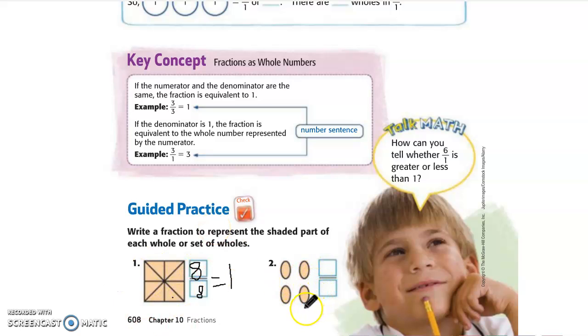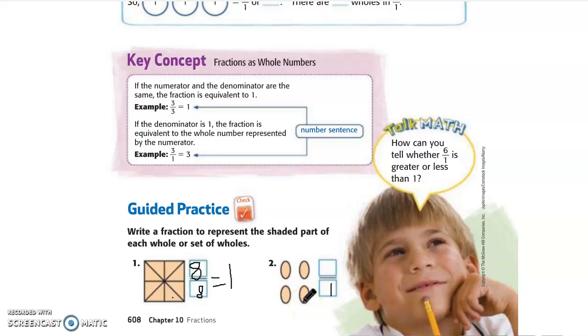Now over here, remember that these are all separate. So I want to look at my denominator first. And on this piece, my denominator is not going to be 4. My denominator is actually 1. Because again, remember that I don't need all of these pieces.